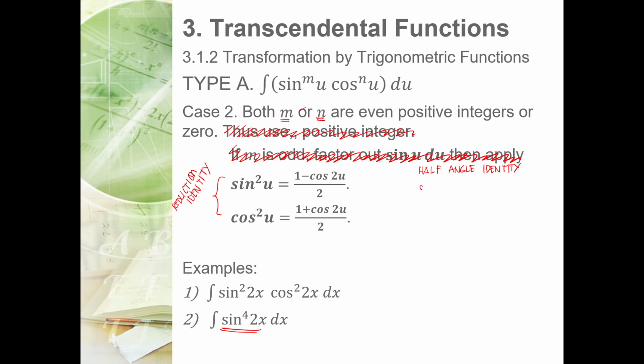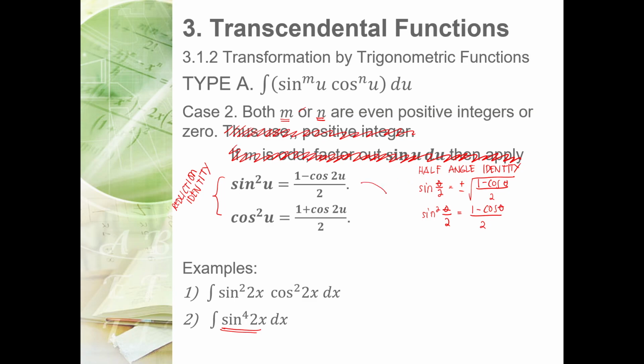For example, we have sine theta over 2 is equal to plus minus square root of 1 minus cosine theta all over 2. Getting the square of both sides, we have sine squared theta over 2 is equal to 1 minus cosine theta all over 2.